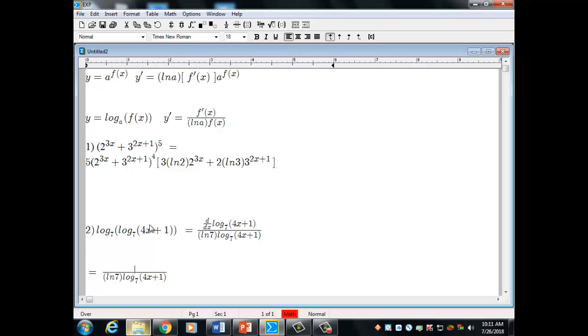And on top we have another fraction where we have ln 7 right on the bottom. We also have 4x plus 1, yes? And what we have on top? We have 4. Is that where you got to? Okay, now, how do you finish it from there?